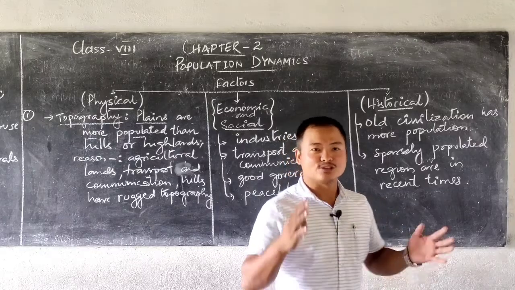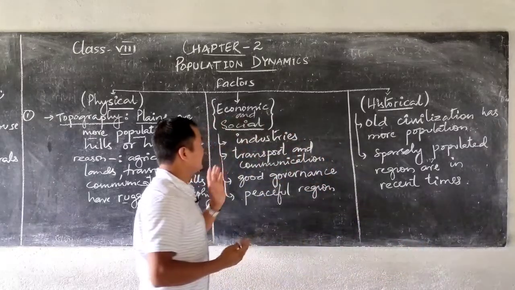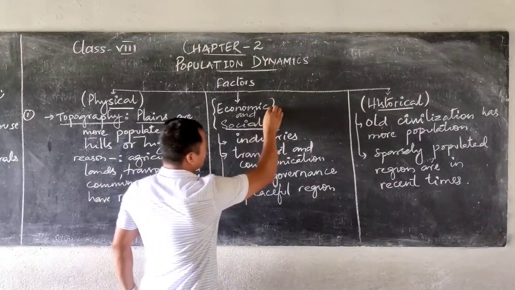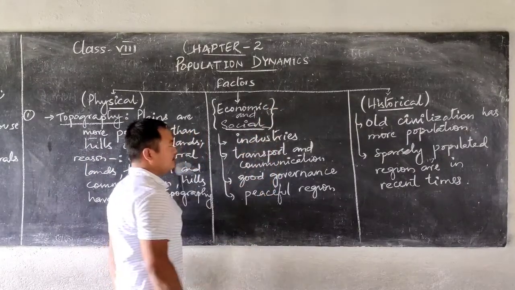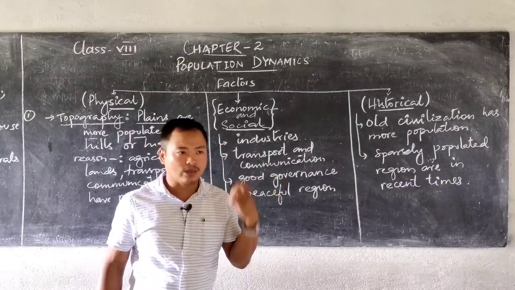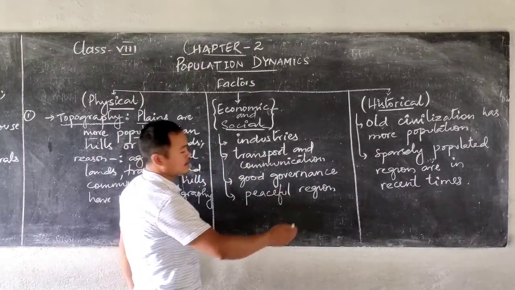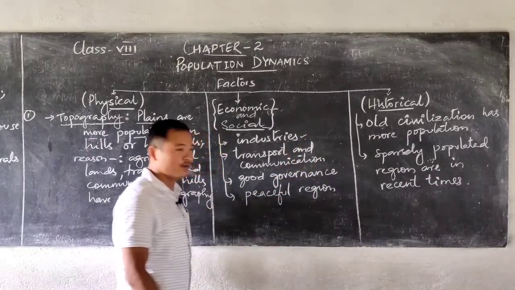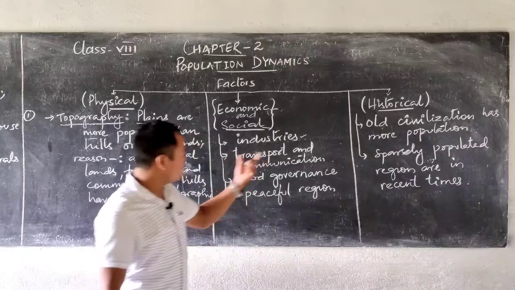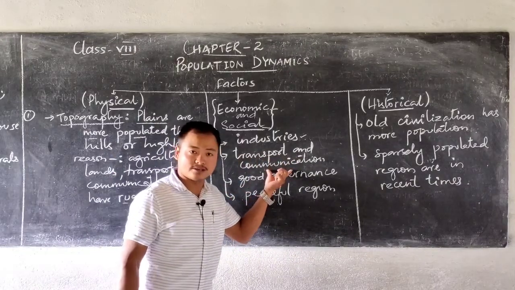All right. So now let us come to economic and social factors and how they affect population. When we talk about economic or social factors, what comes to our mind is employment. So who gives us employment? Industries, it's obvious. Wherever we see many industries set up, they will obviously have better transport and communication.